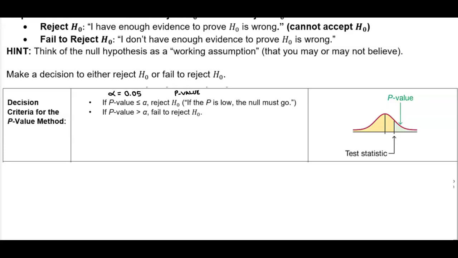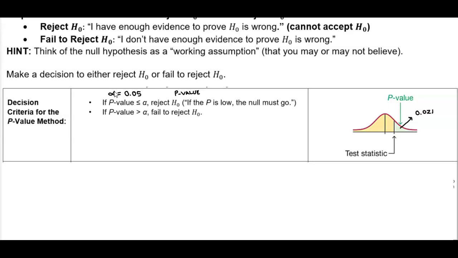Let's say that the p-value here, or the area that we end up getting for a p-value is, let's say, 0.021. Okay, let's say that is the p-value, and the test statistic, since if you were dealing with a proportion, would be whatever the value may be for the test statistic.